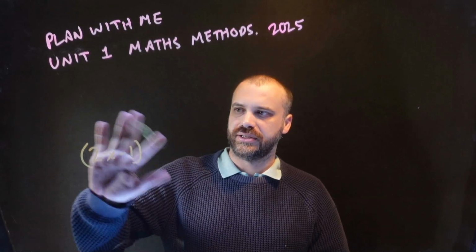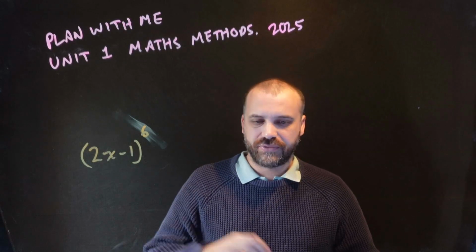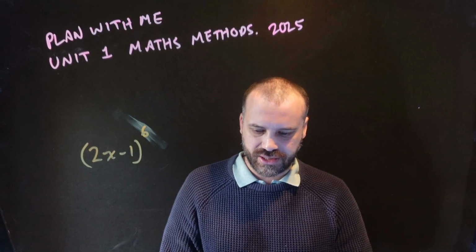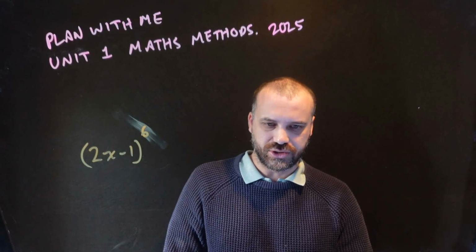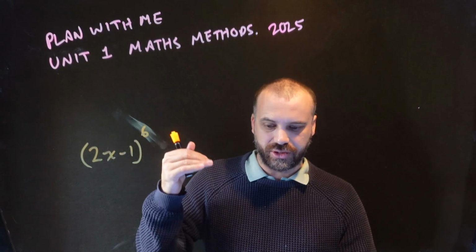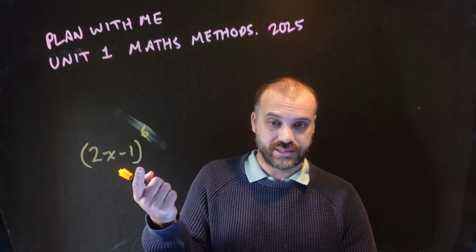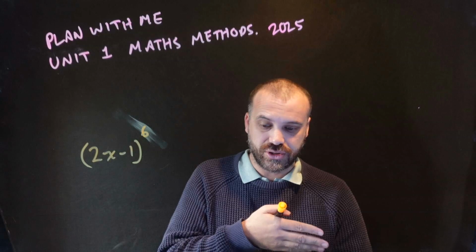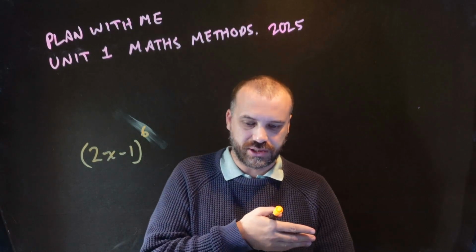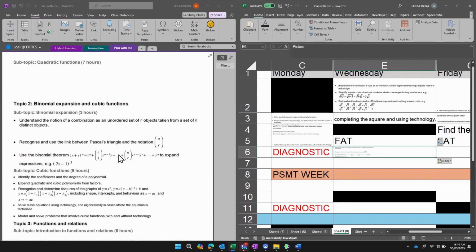Maybe we should just make it 6 and ask them the 4th term. But if they can do that, I feel like they can do what they need to do. They can locate nCr on Pascal's triangle, and then they can expand this. If they can find the nth term, they can follow this formula, which is basically what I think they need to do.